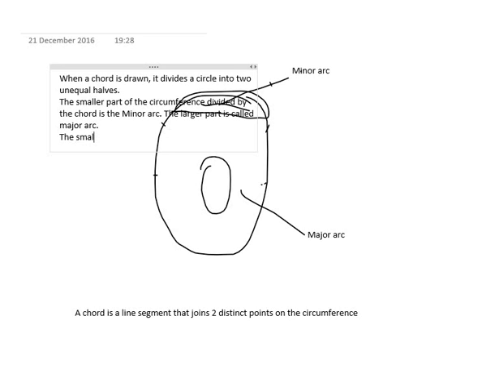The smaller part of the circle, the line area, is the minor segment. The larger part is the major segment.